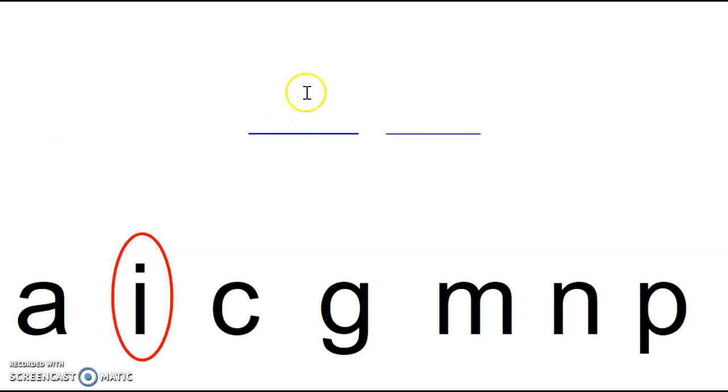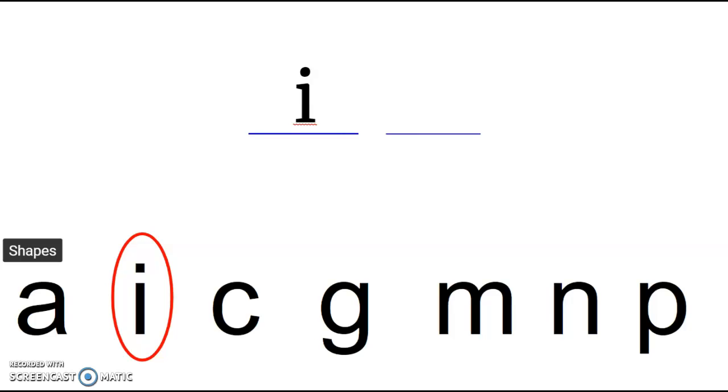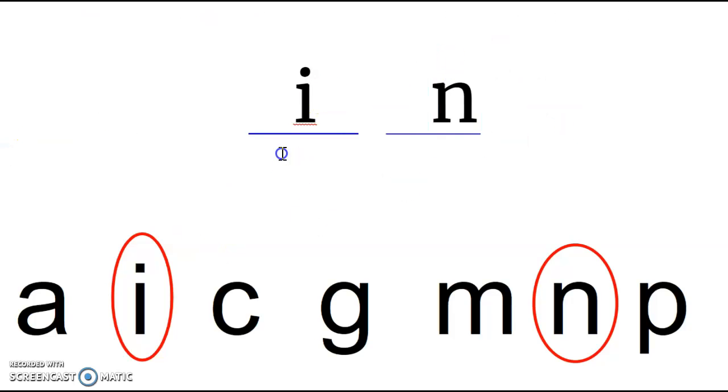Our next letter and the last letter in this word makes the sound. Which letter makes the sound? If you chose the letter N, you are correct. I-N spells the word in. In. Very good.